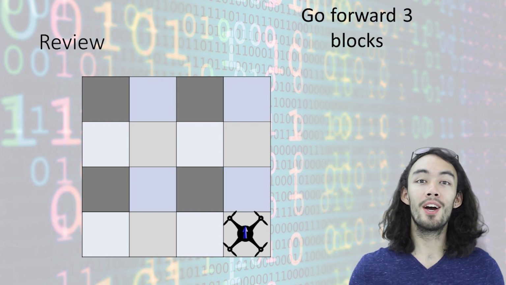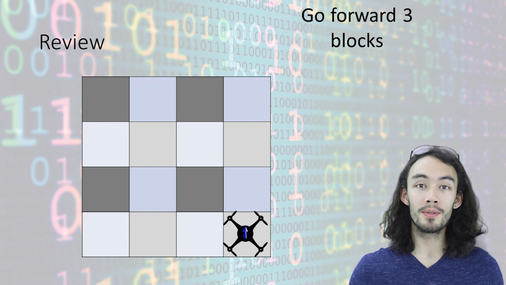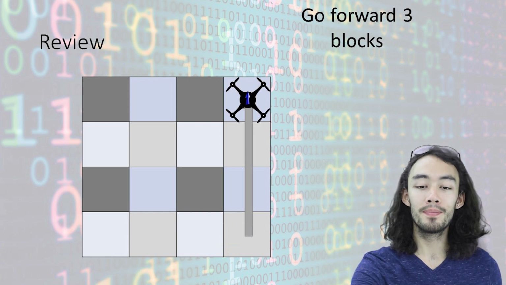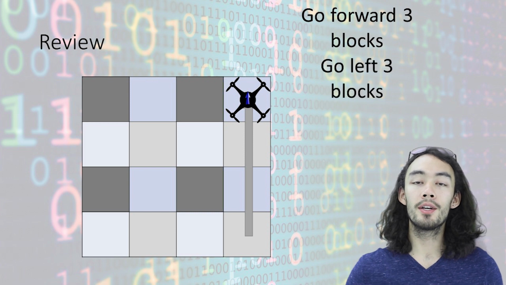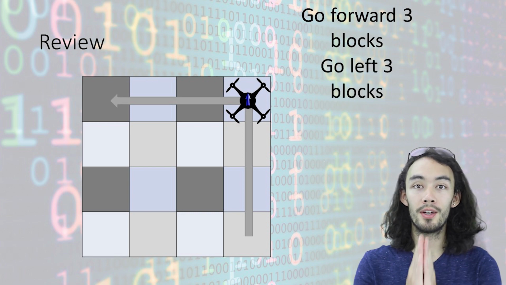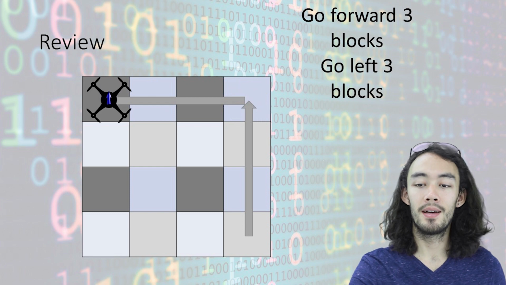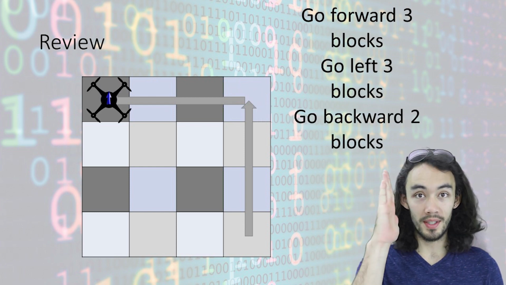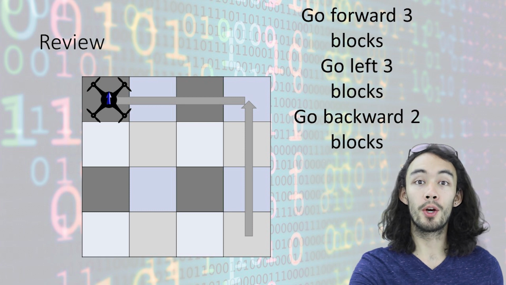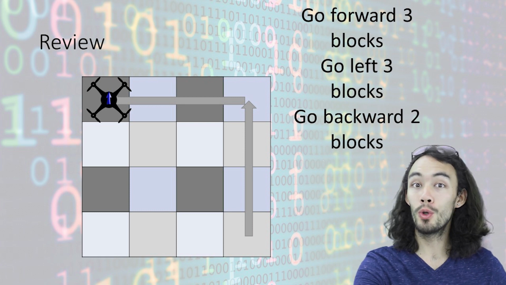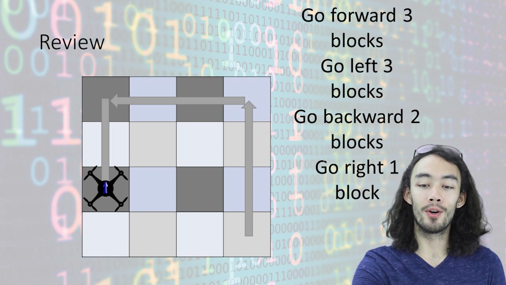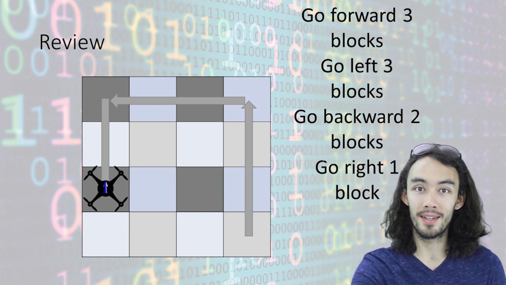If I had to say, go forward 3 blocks, okay, so 1, 2, 3, follow the gray arrow. Then go left 3 blocks. So we go to the side for 3 blocks, follow the gray arrow. We're still pointing upwards, so if I say go backwards 2 blocks, then we go backwards, go right 1 block.